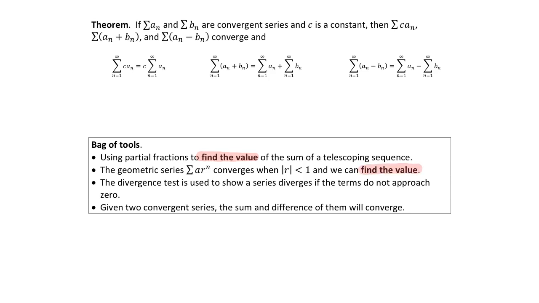Again, a rare circumstance. We can use the divergence test to show a series diverges if the terms don't approach 0. Again, that's always the first thing I check. And when two series are convergent, the sum and differences of them will converge, as well as the series consisting of constant multiples of those terms.